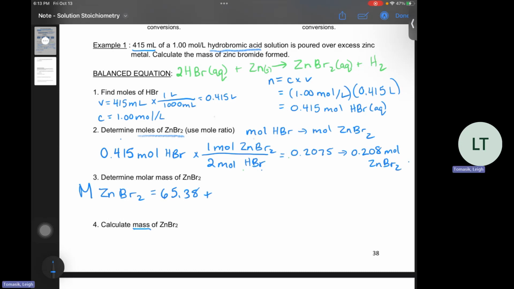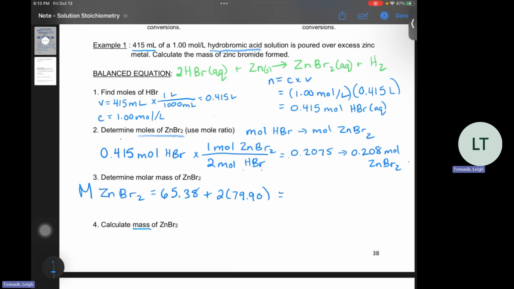Plus, I have 2 bromines, and each bromine is 79.90 grams per mole.